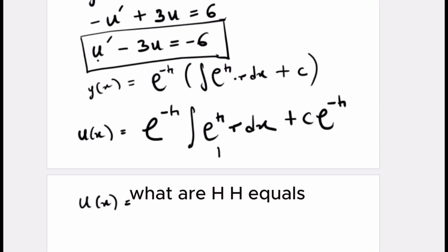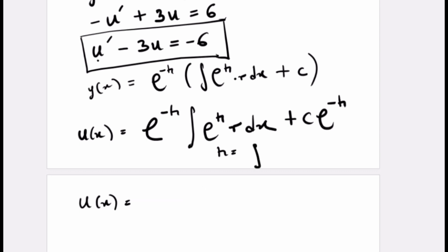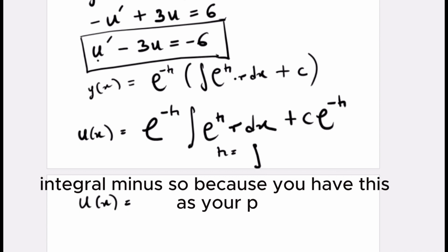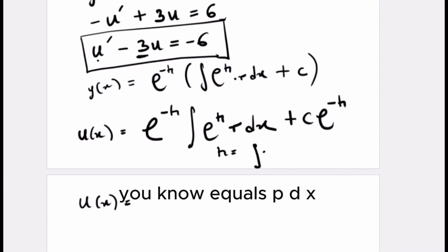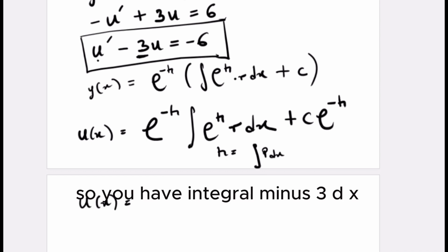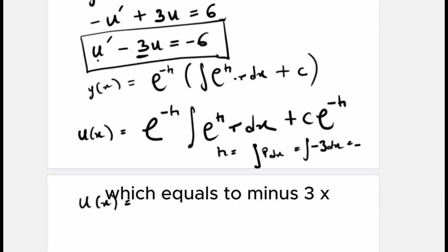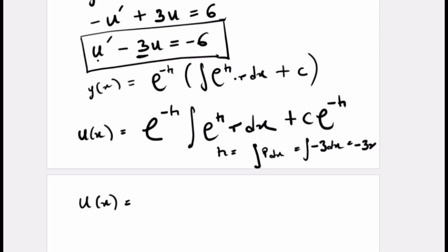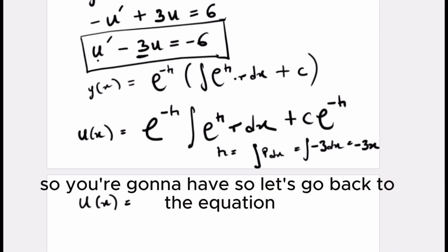What's our h? H equals integral p dx, because you have this as your p. So you have integral of minus 3 dx, which equals minus 3x. So let's go back to the equation.